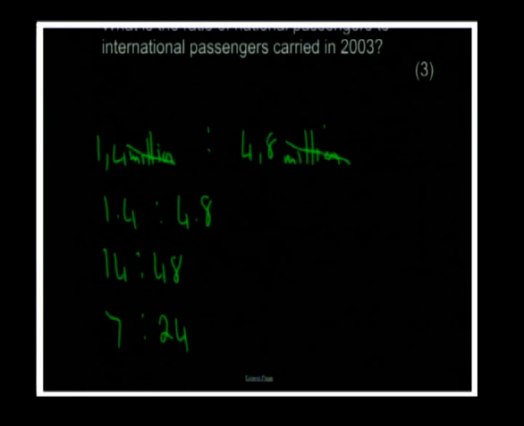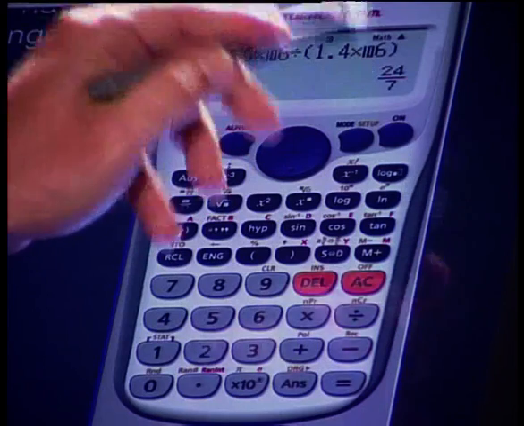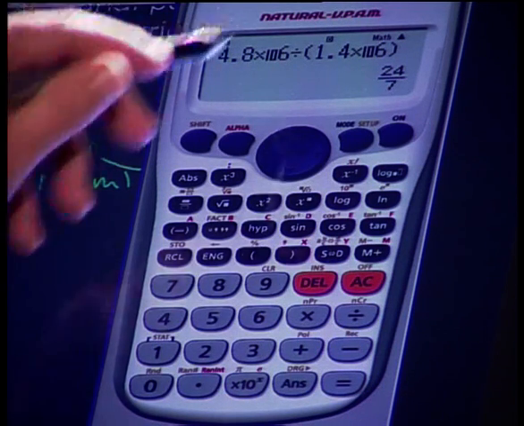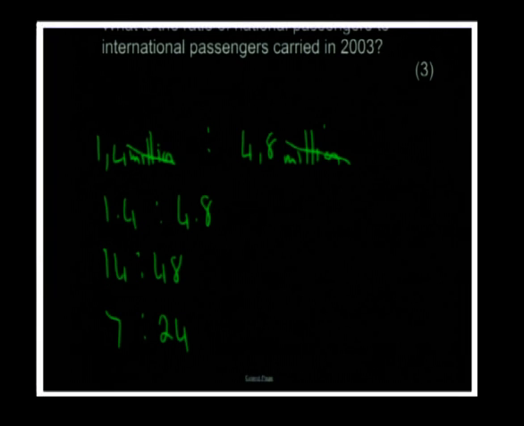You can see that actually our calculator answer was really giving us the values of the actual ratio in its simplest form. 7 as to 24. And that's as simple as we can go, because we cannot go smaller without going into decimals, in other words, things like the 1.4, and we'd like to avoid decimals when we're writing a ratio. Great, so now we have the ratio of those passengers.